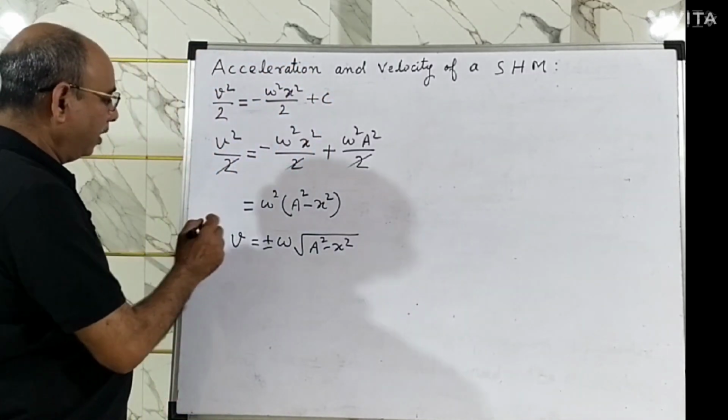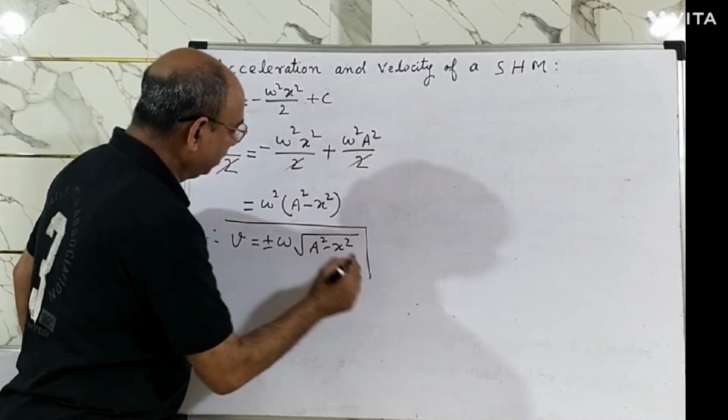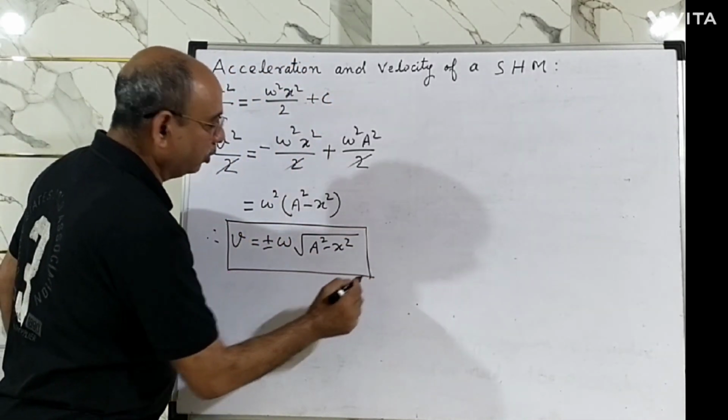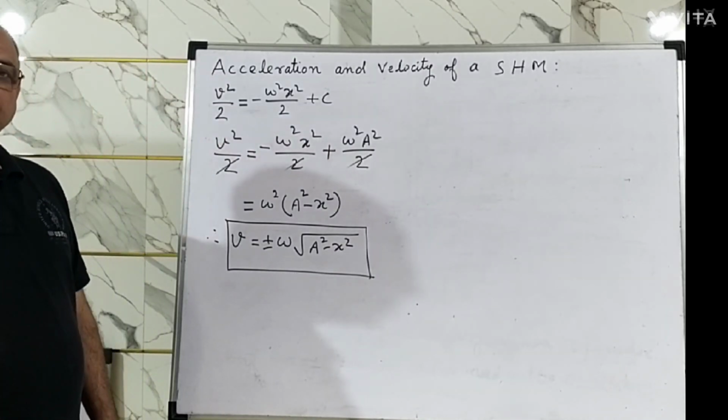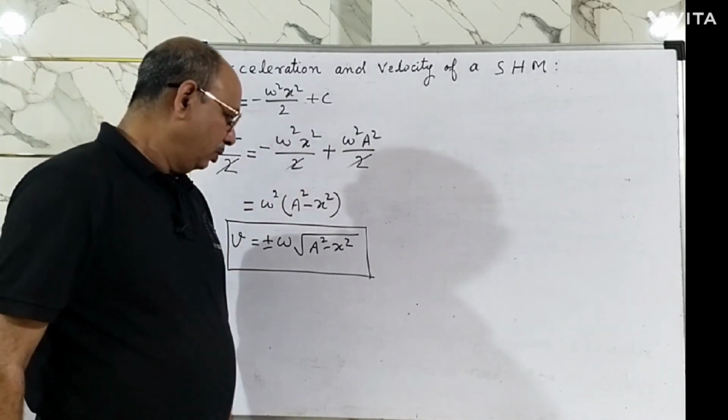This is the expression for velocity of a body performing linear simple harmonic motion. Let's study the two cases.